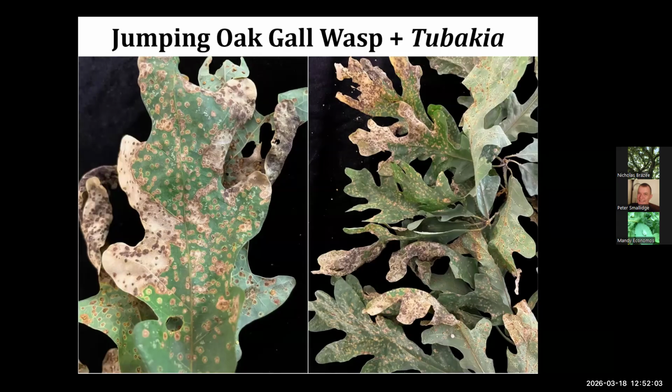In some of those cases, you get Tubakia in addition, and it really furthers the leaf blight and the dieback. So just an example of a co-occurrence and how Tubakia, a fungal pathogen, will take advantage of tissue that's been blighted by an insect.